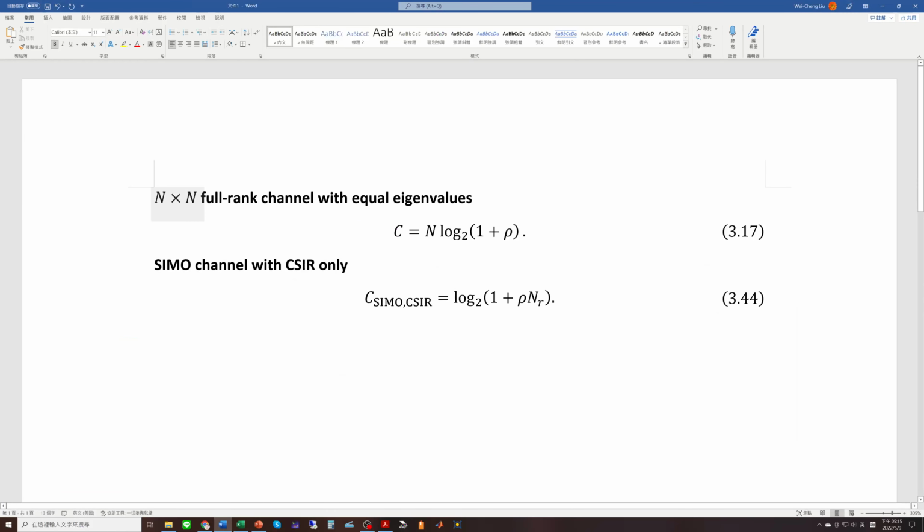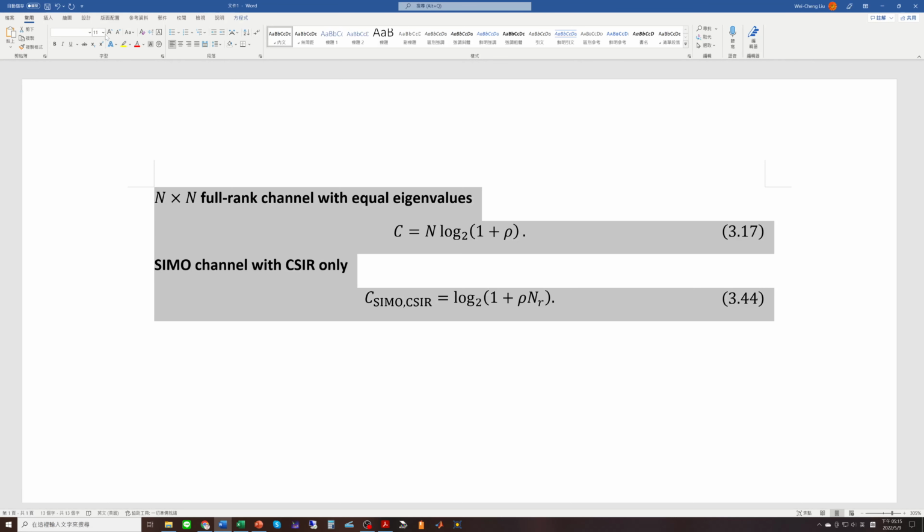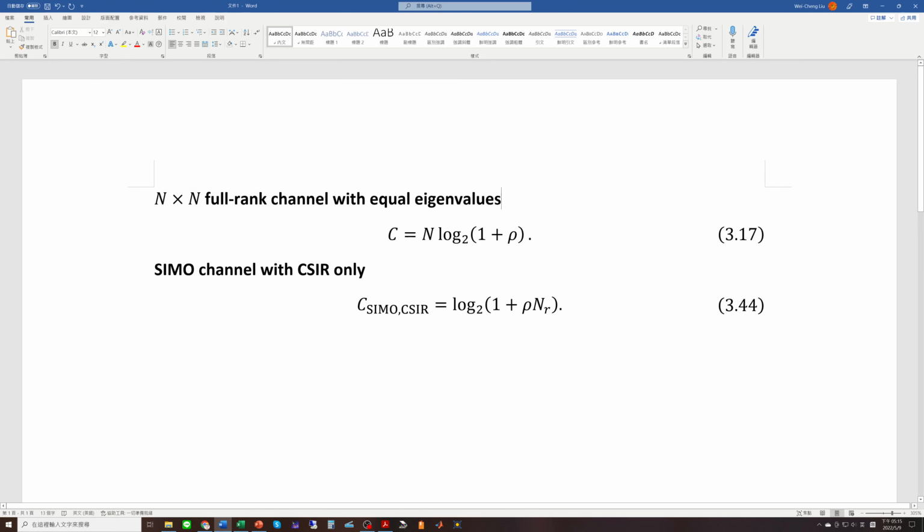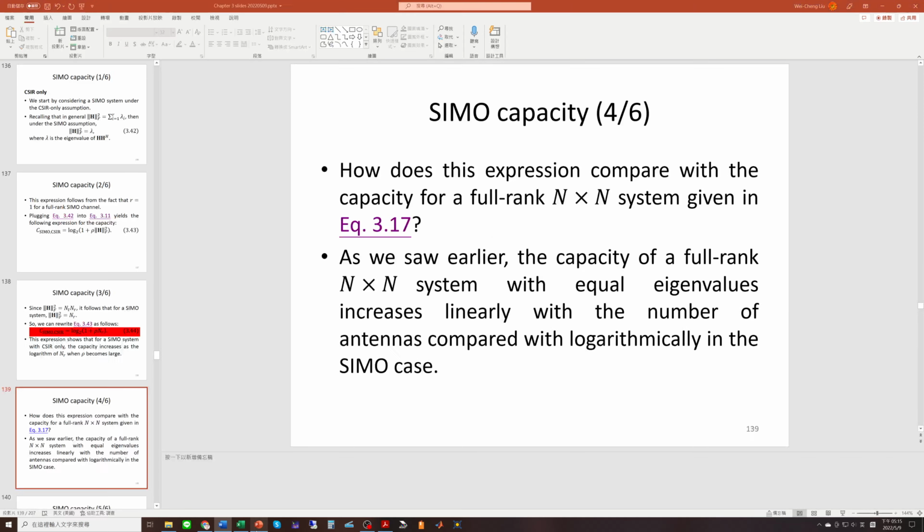We can see that for the N by N full-rank channel with equal eigenvalues, the capacity C increases linearly with the number of antennas N, where N is the number of transmit antennas and the number of receive antennas.